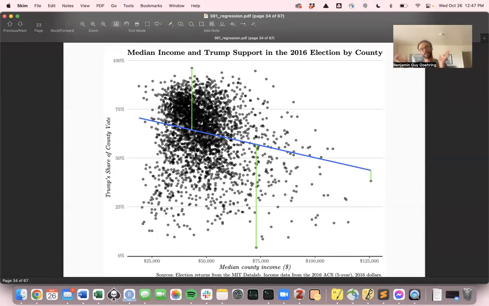This is the line that minimizes the distance of those green lines set end to end. Mathematically, you would say it minimizes the sum of squared residuals.